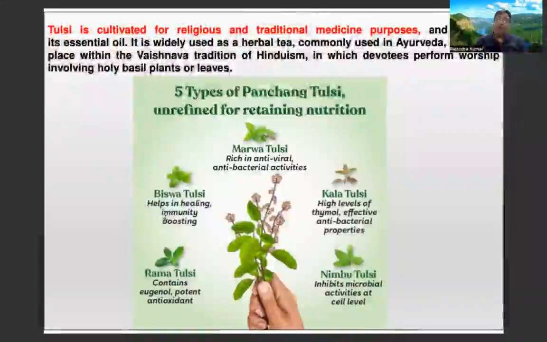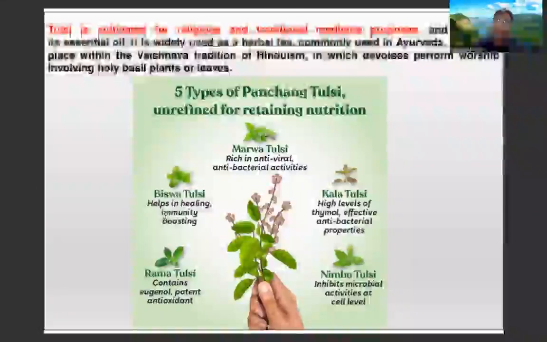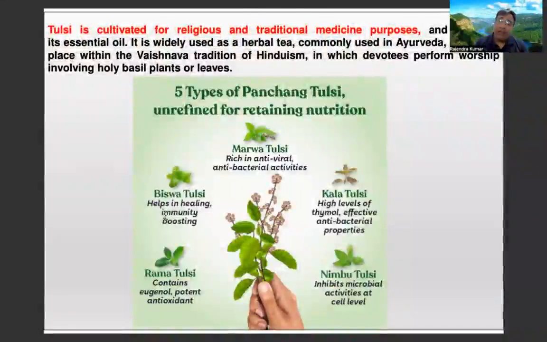And this tulsi plant has a lot of herbal medicinal character also. Tulsi is used for antibacterial activities, and also for healing and immunity boosting. Many times we also use the leaf in our tea and in our food.